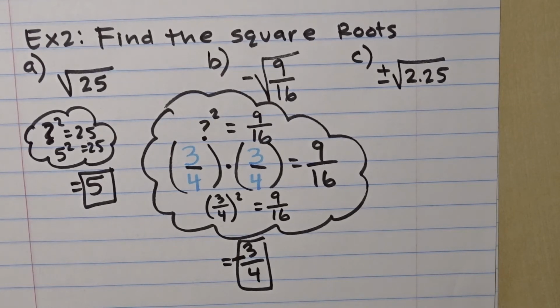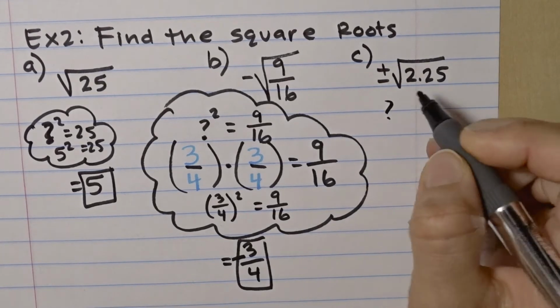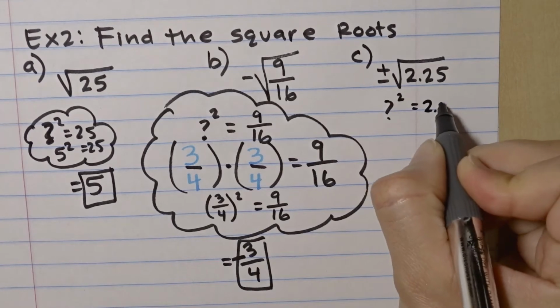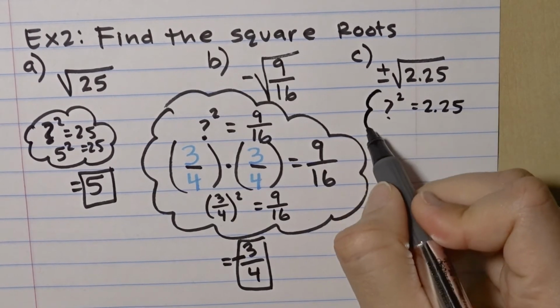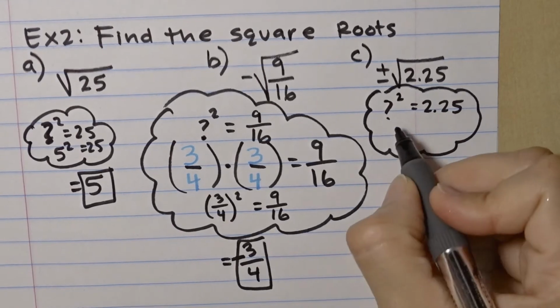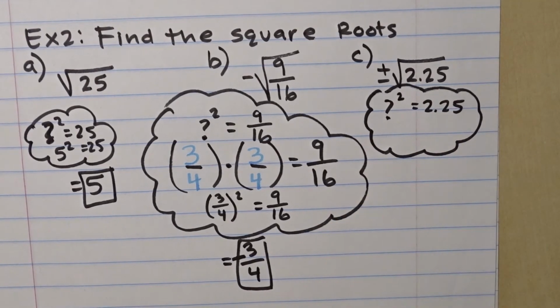And for C, they want us to see that it also works with decimals. So if you think of this as, again, what number to the second power is going to be 2.25? I have already memorized some of my second powers, and I know that 15 times 15 is 225. So those digits kind of look familiar to me already.